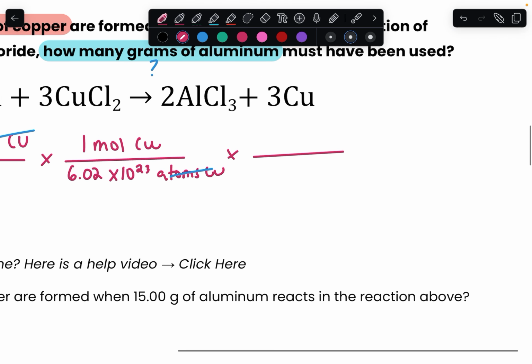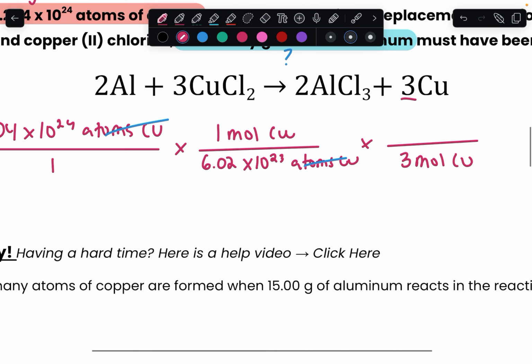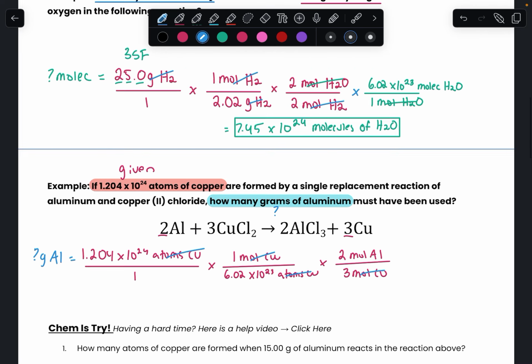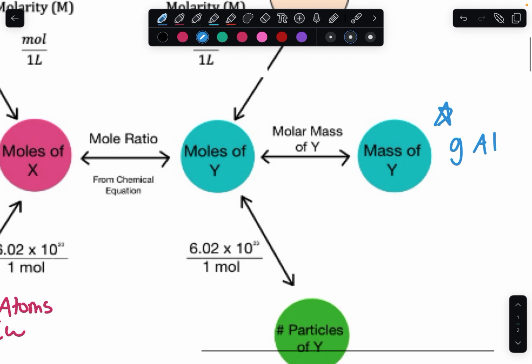For every 3 moles of copper, as highlighted in copper's coefficient here, we are going to require 2 moles of aluminum. Moles of copper cancel. And now we are in moles of aluminum, which corresponds to moles of Y.